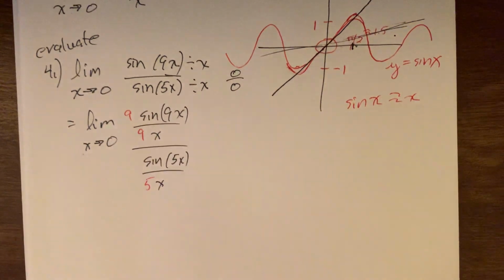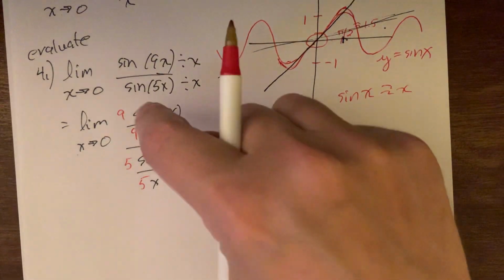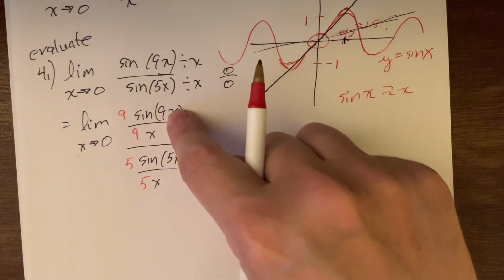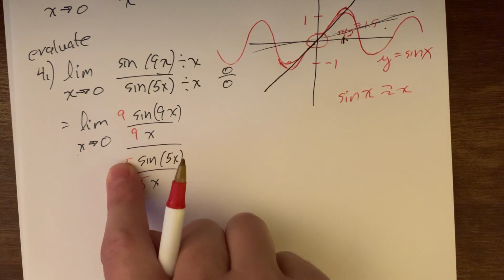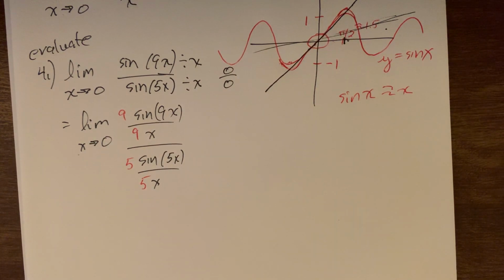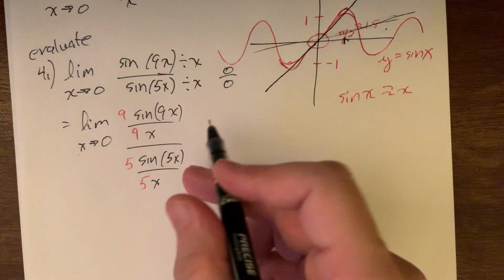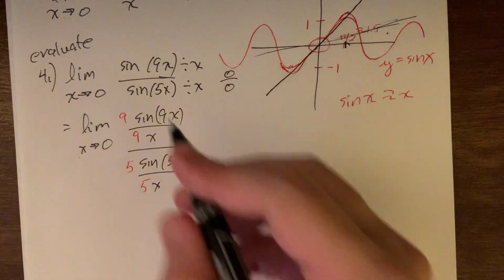Well, I can't just make it a 5x. I need to multiply the top as well. So I'm technically doing these, and some people like to write this as a separate limit, this as a separate limit, get your answers, and then divide those two answers. That's fine, but there's no harm doing it the way I'm doing it here, because now it's all grouped correctly.